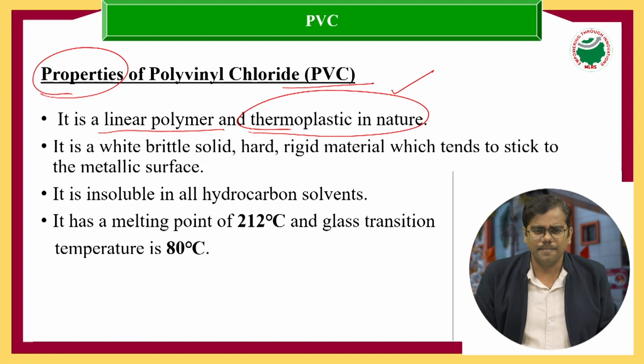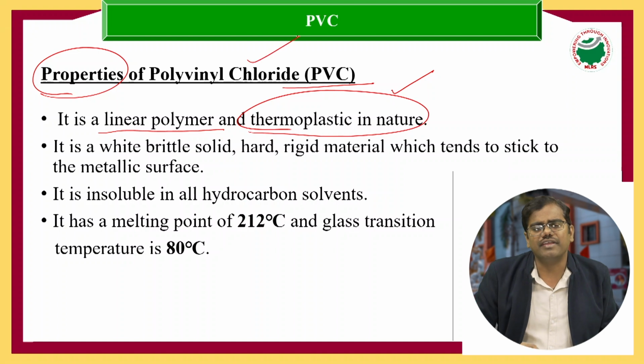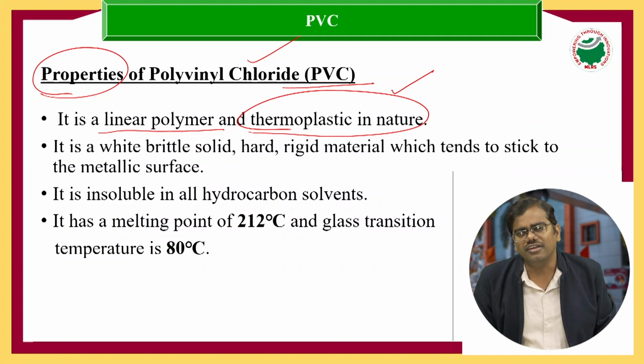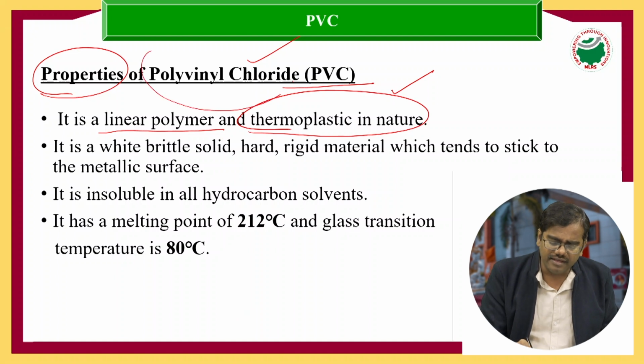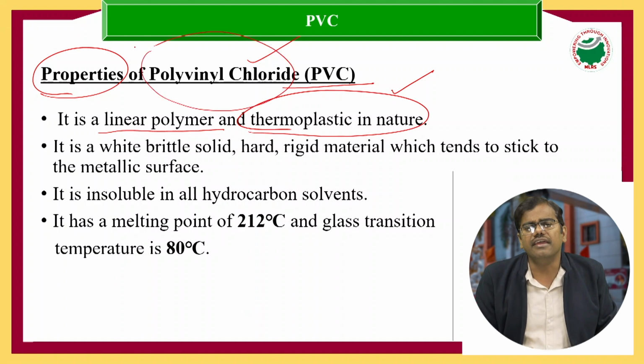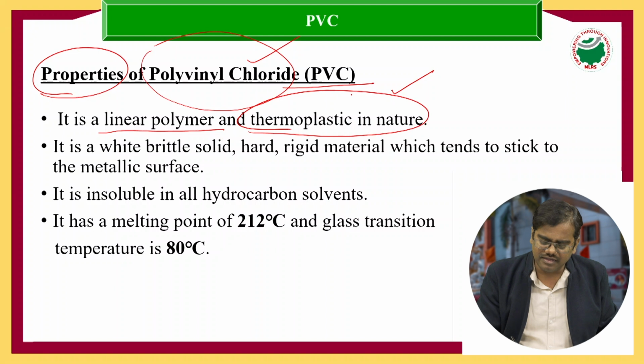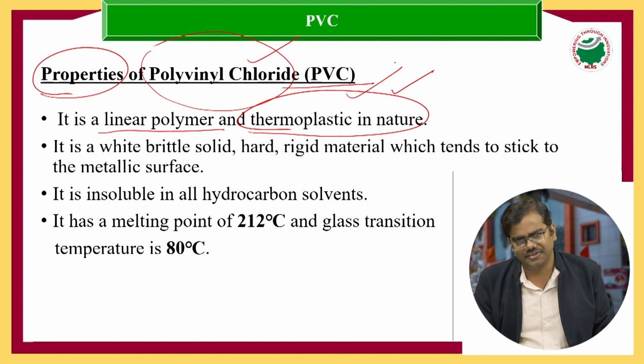In the similar manner, polyvinyl chloride is also prepared by addition polymerization. That is the reason polyvinyl chloride is soft and weak, and thermoplastic in nature.